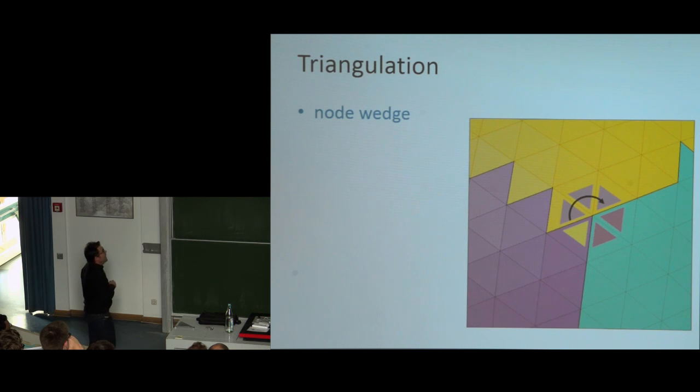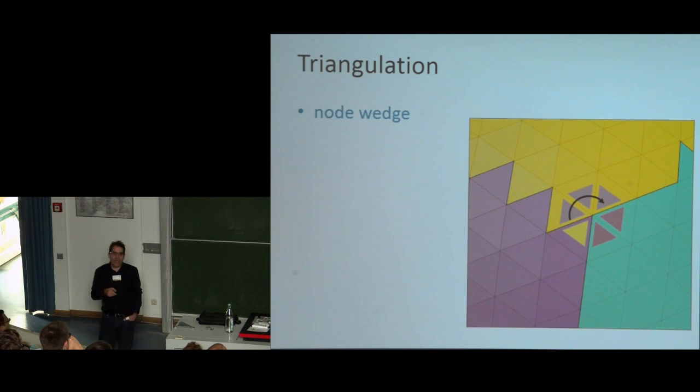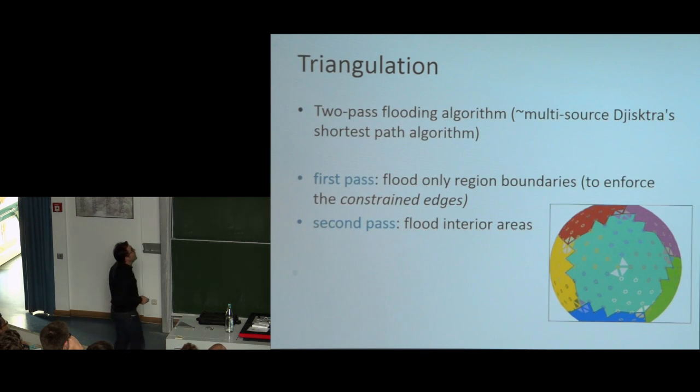Then around these vertices, we generate what we call wedges. Wedges are angular sectors like that, with this color, with a name ID. Then what we do is a kind of constrained triangulation, but discrete on the mesh. We have a two-pass flooding algorithm, which can be seen as a multi-source Dijkstra shortest path.